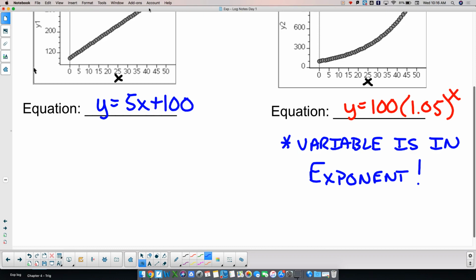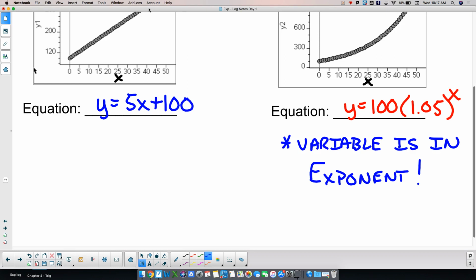Try to get the variables on one side, the numbers on the other, try to factor, all that different stuff. But when the variable is in the exponent, we have to do something different. And that something different is we have to use logarithmic equations in order to solve.